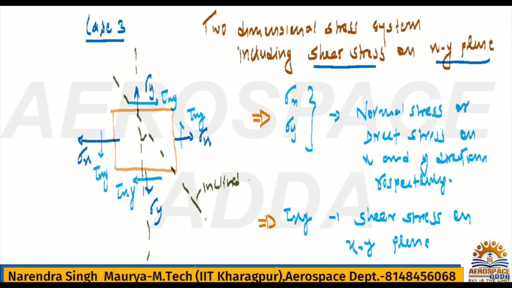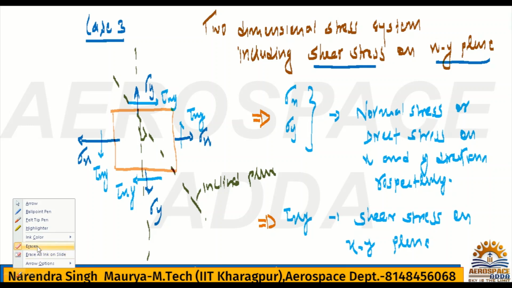And if you check from vertical to this incline, its angle is nothing but theta. All right. Now we'll take this separate diagram for this inclined part.